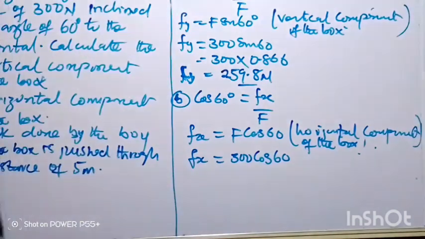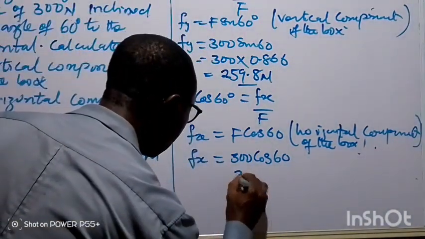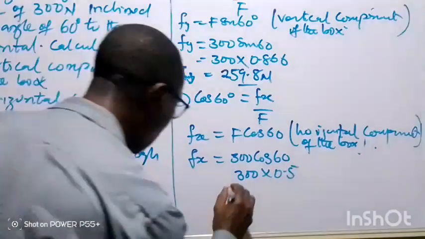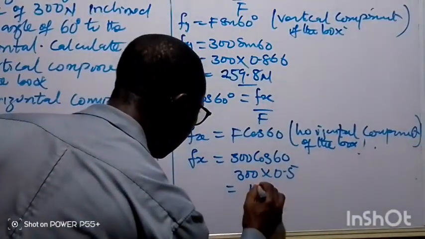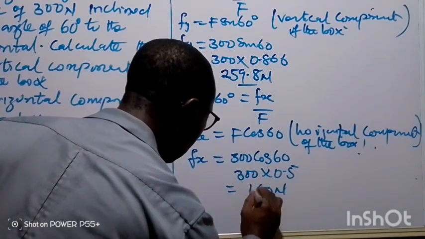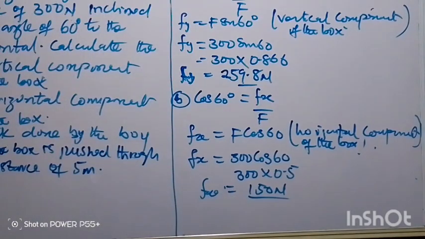Cos 60 degrees will give us 0.5. That's 300 multiplied by 0.5. So this one will give us 150 Newton. That is for the horizontal component.